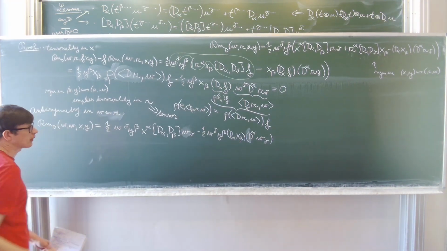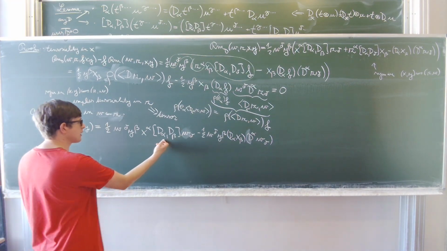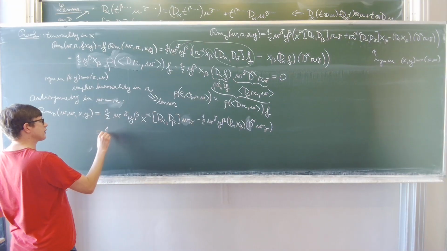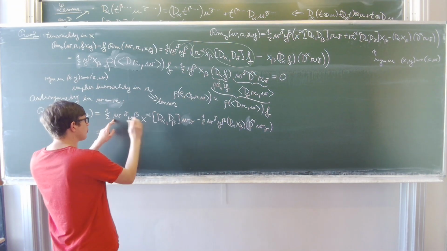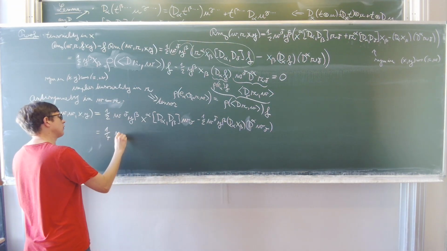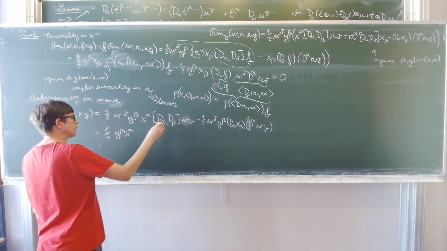Okay, so now the trick is to realize that since we have two w's and this thing is a derivative, then we can write the first term essentially as we can put both of them together. We can put this one under the derivative.